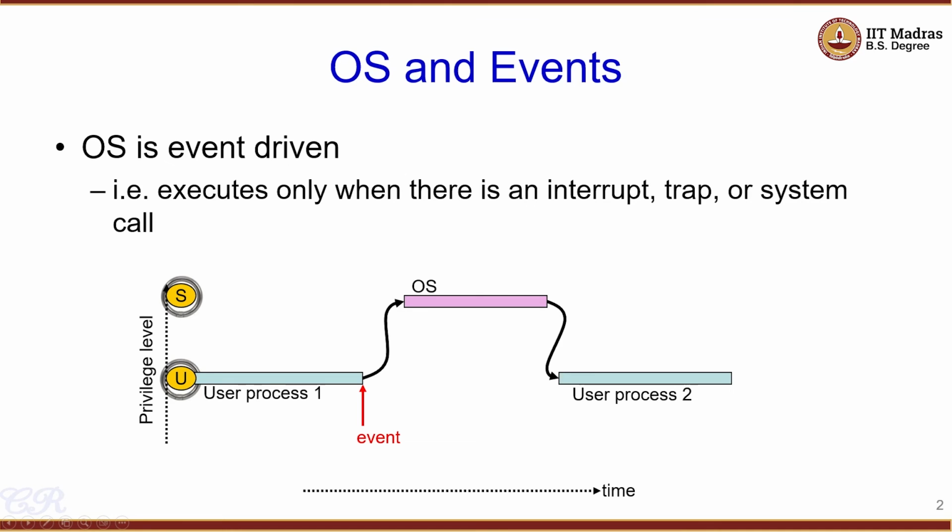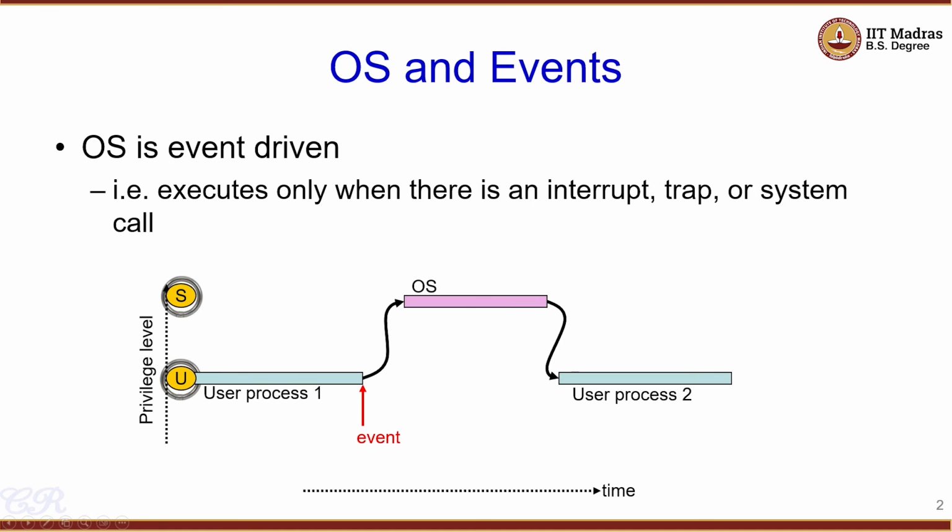Typically user processes execute in the user mode, and a user process will continue to execute until an event occurs. The event would switch the processor from the user mode to the supervisor mode and cause the operating system to execute. The OS would service this particular event. It could be a hardware interrupt or a software interrupt like a system call or an exception, and then it would return, causing the processor to go back to the user mode, right?